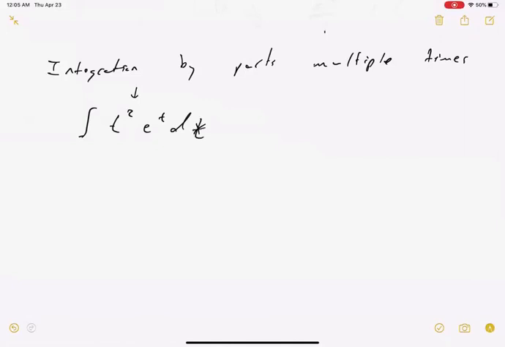So if I have the integral of t squared e to the t dt, I'm going to need to use integration by parts multiple times. Let's say I have an algebraic and an exponential. So let's say the t squared should be my u, the e to the t should be my dv. Okay, when I use that setup, I have t squared e to the t minus integral e to the t times 2t.